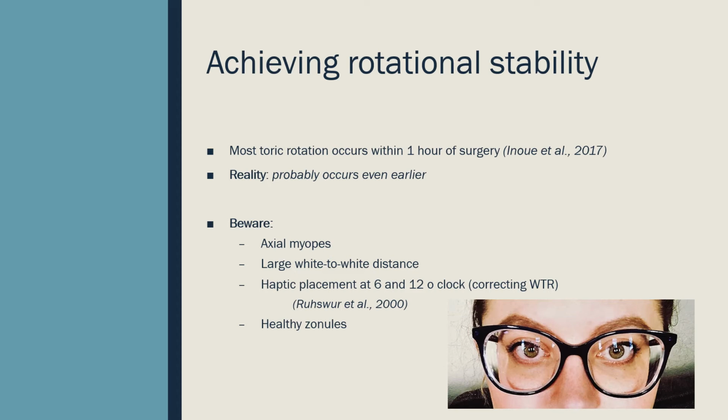There's also a theory that patients with healthy zonules are prone to early rotation, and this is because with weak zonules the bag is loose and more able to effectively shrink wrap around and configure to the shape of the haptics. And I've heard this being compared to trying to slide along a wooden floor as opposed to a loose rug. Of course, all this leads to a perfect storm in younger myopes in whom all of these factors may be present.